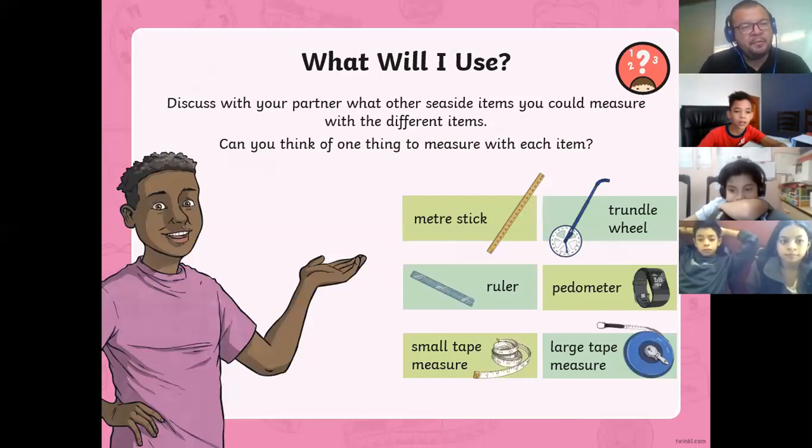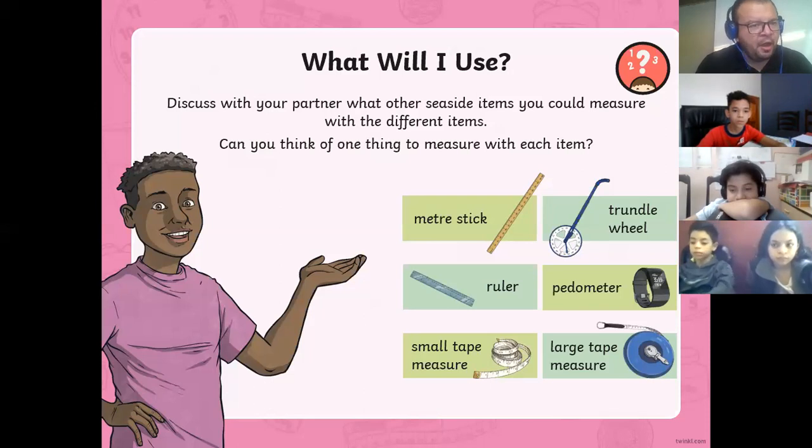Now, what can you measure with a pedometer? Heart pressure. Not the heart pressure, actually. A pedometer can measure the heartbeat.